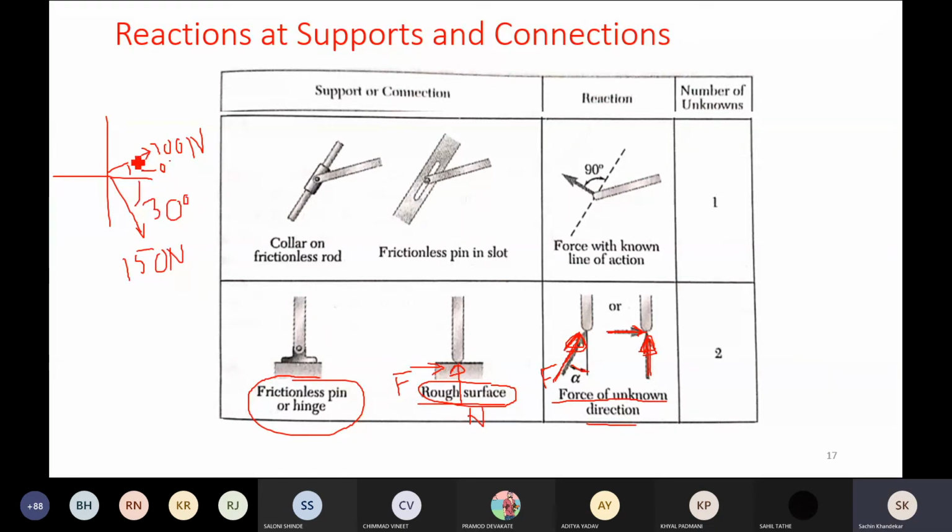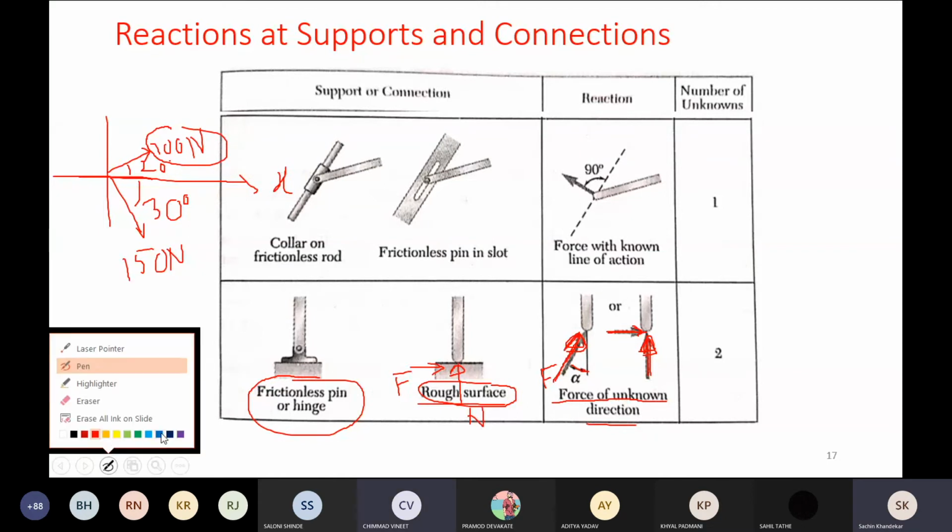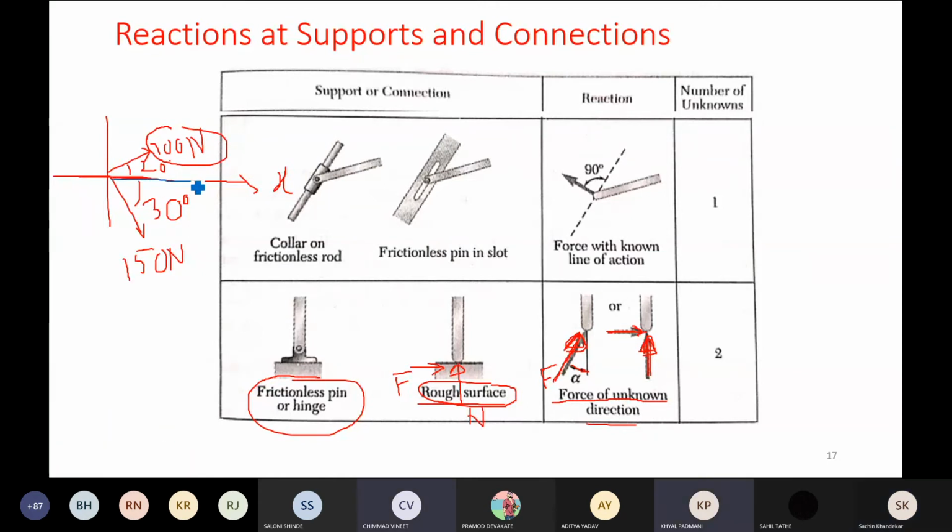Now when I resolve these two forces along x-axis, their line of action is same. Please note that it is directed along x-axis. Are you getting what I'm saying? So what about x component of this 100 Newton force? It will be 100 into cos of 20, which is directed in positive x direction, that means along x-axis.